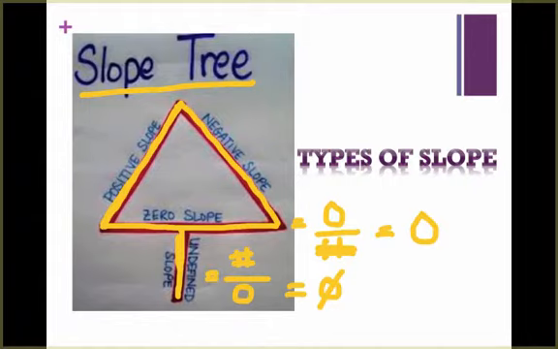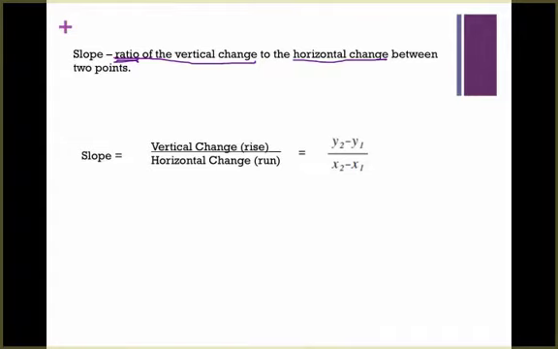Now let's look at a formula that we might use to find the slope. Notice that we defined our slope to be the ratio of the vertical change to the horizontal change. Now remember that the word ratio is another way that we can think of as a fraction. It's a division problem. And we're going to divide the vertical change, which we sometimes refer to as the rise, by the horizontal change, which we refer to as the run.